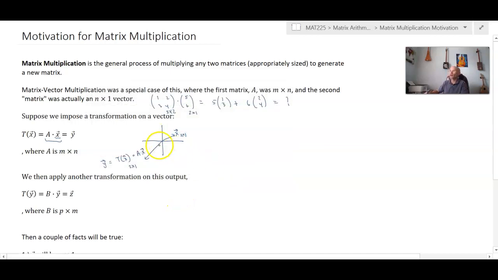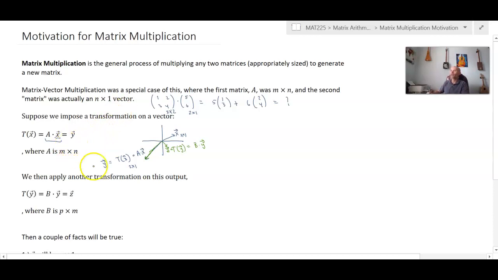So geometrically, what that would mean is that we would take this vector y right here, this already transformed version of x, and we transform that in some way, and we multiply it by a matrix B. Okay, so that might, again, perform a rotation, and let's just say it makes it really short, and there is our vector that we're going to call z, which is the transformation of the vector y, which is B times that vector y. Now, B is going to be a P by M matrix.